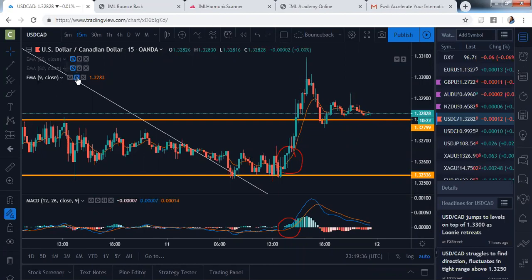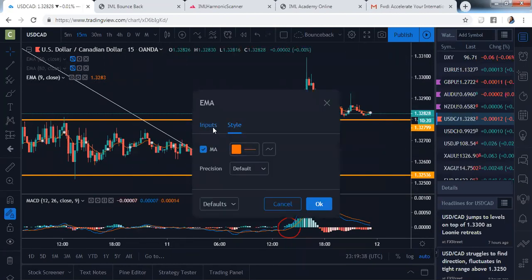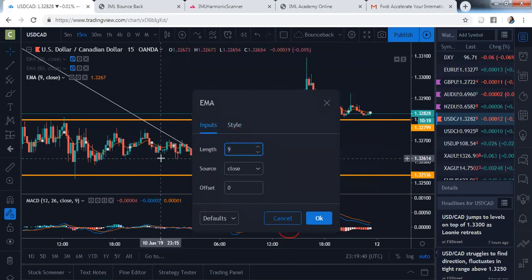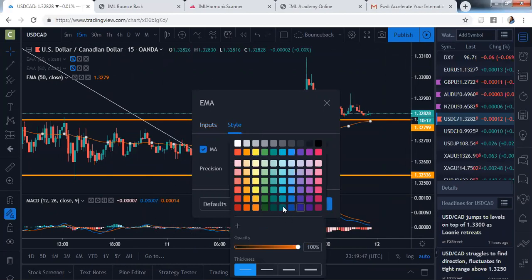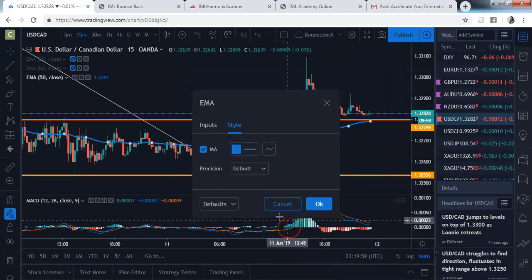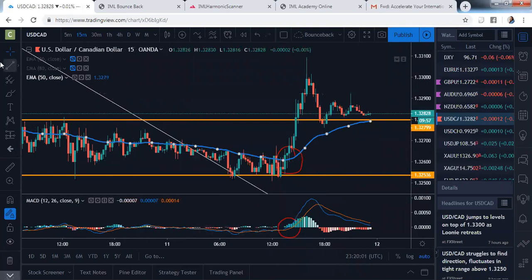Come to the settings tab on it and go to inputs and change the input to 50. And then you can come to style and change it to whatever color you want it to be, and then try to increase the thickness as well so that you can see the line clearly on your chart, right? There you go. That's the 50 moving average line.